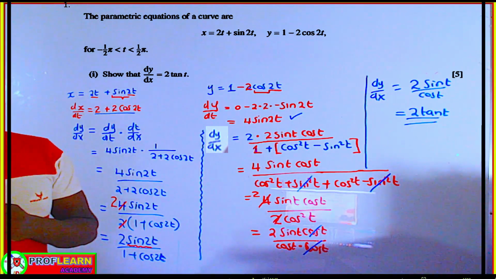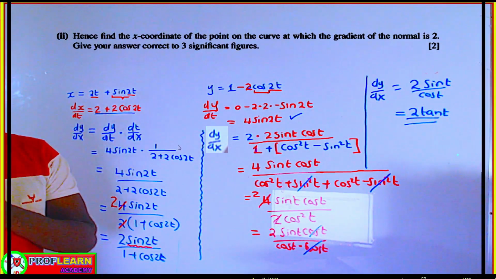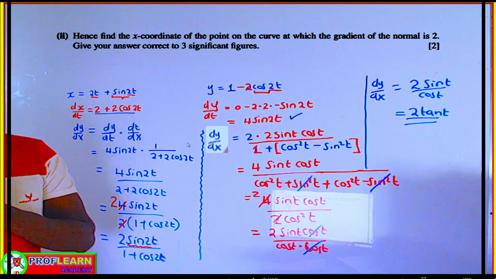Now, moving down to the next part, we are supposed to find the x coordinate of the point on the curve at which the gradient of the normal is equal to that.